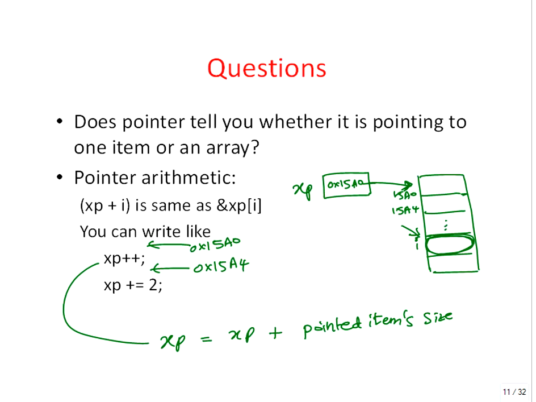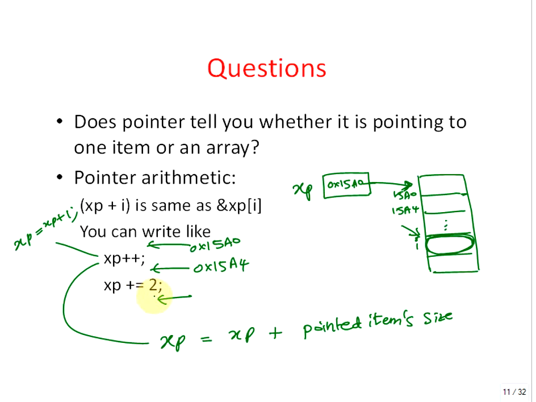That's what happens. So what happens with xp plus equal to 2? Xp plus plus is nothing but xp equal to xp plus 1.